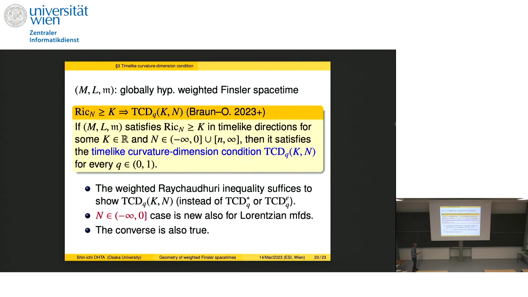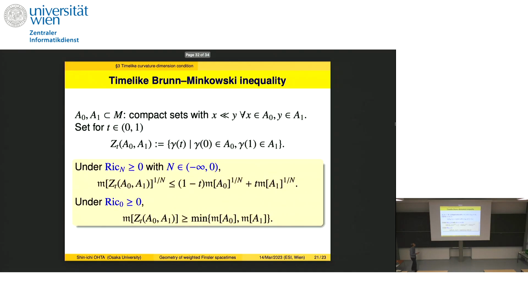Okay, then to have a bit more idea about this non-positive range, let me also explain the Brunn-Minkowski inequality. The Brunn-Minkowski inequality is a standard application of the curvature dimension condition, and in the Lorentzian case, we can also show this. We consider two compact sets A0, A1, causally related like this.